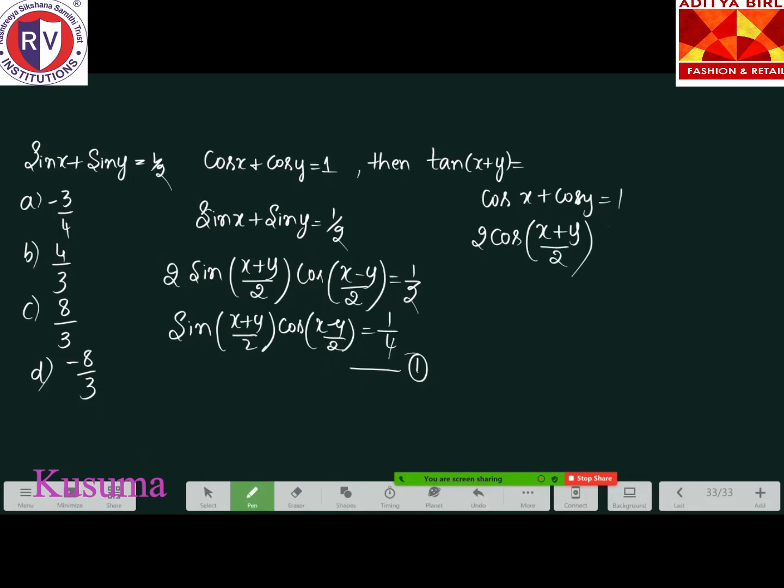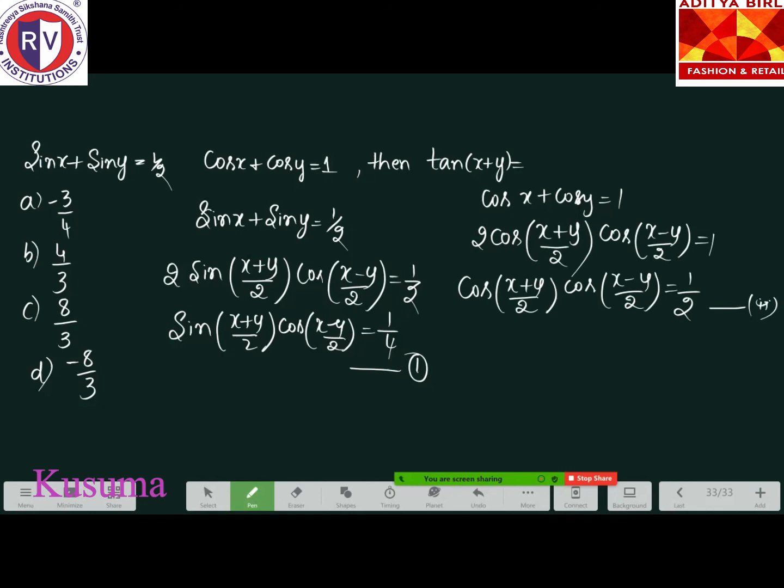So 2 cos of x plus y by 2, cos of x minus y by 2 is equal to 1, or cos of x plus y by 2 into cos of x minus y by 2 is equal to 1 by 2. Let this be equation number 2. Okay.